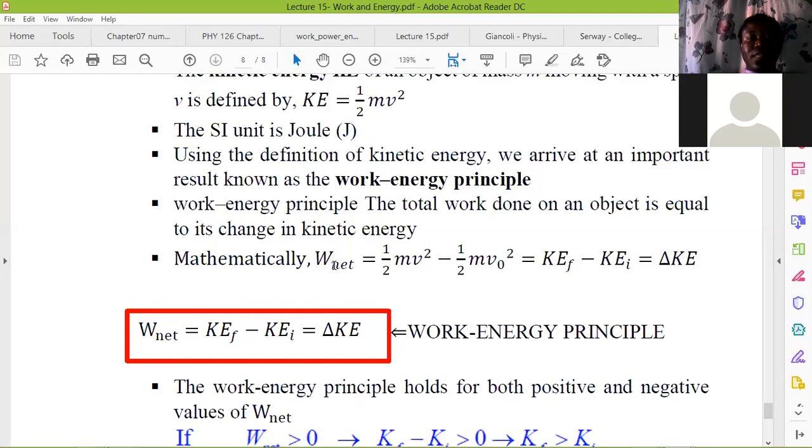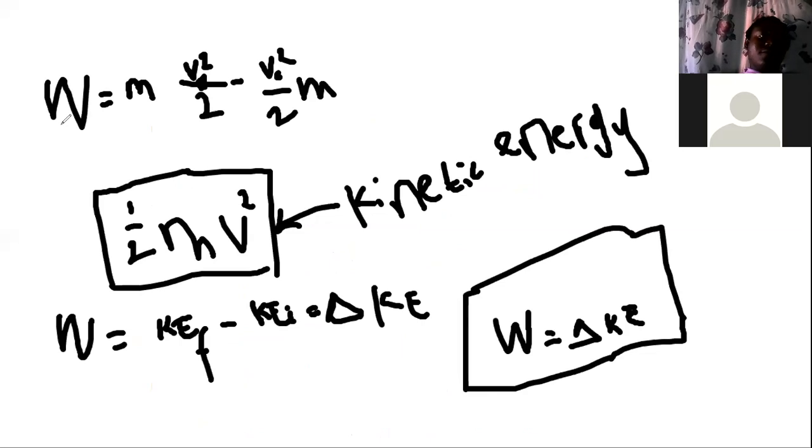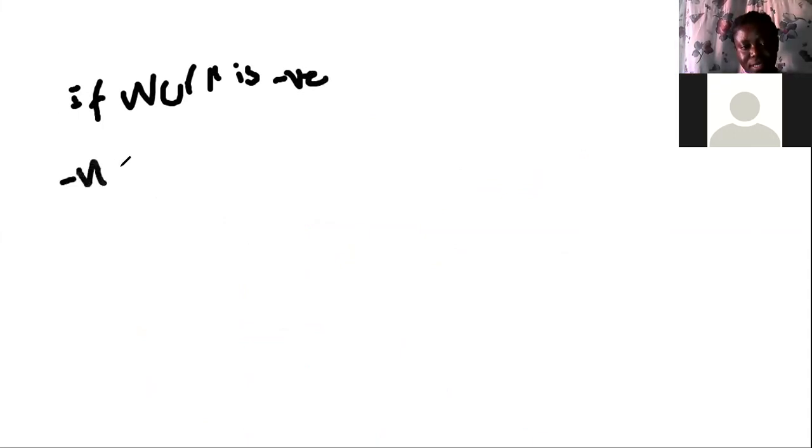Okay, so you'll see that if my work done is negative, then from our work energy theorem, minus work is equal to the change in kinetic energy, which is saying that the kinetic energy final minus the kinetic energy initial.